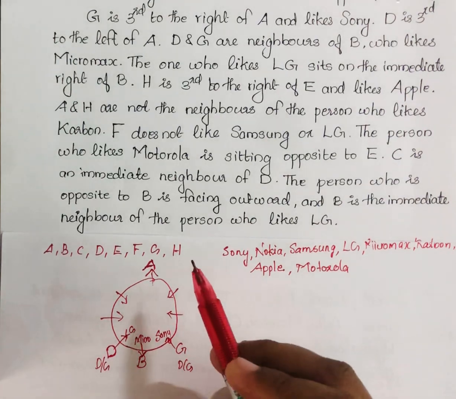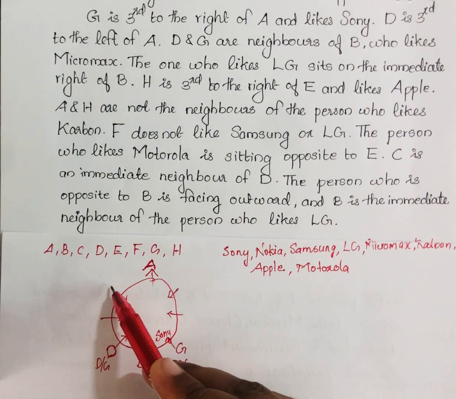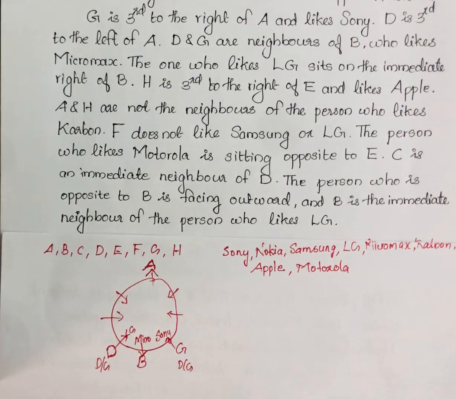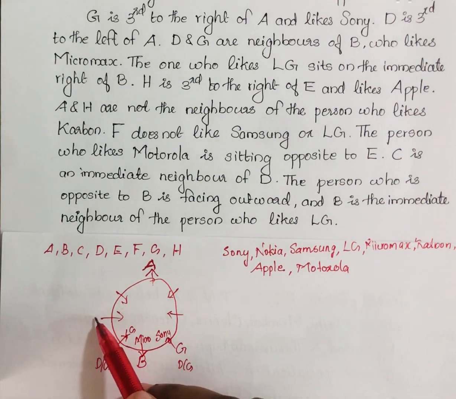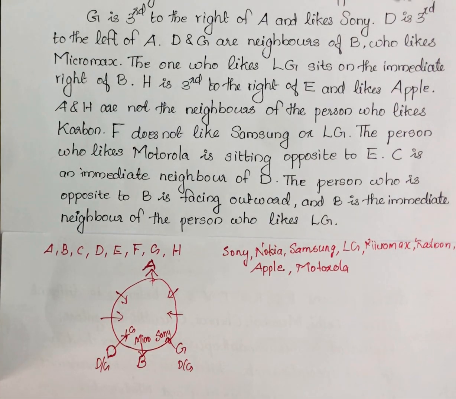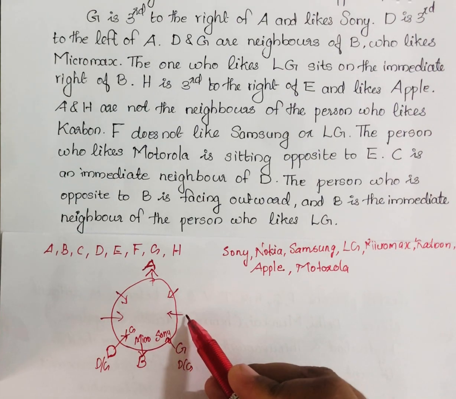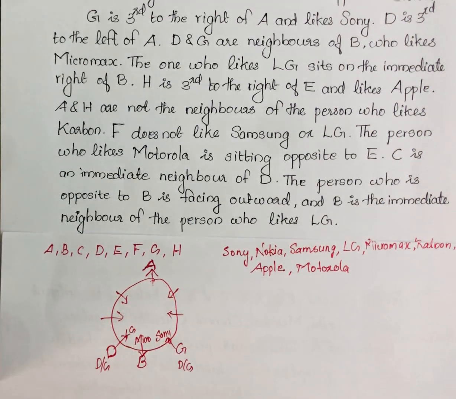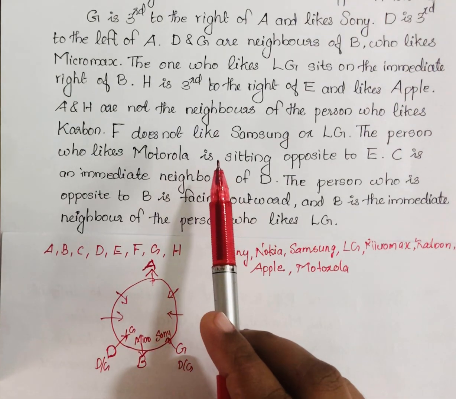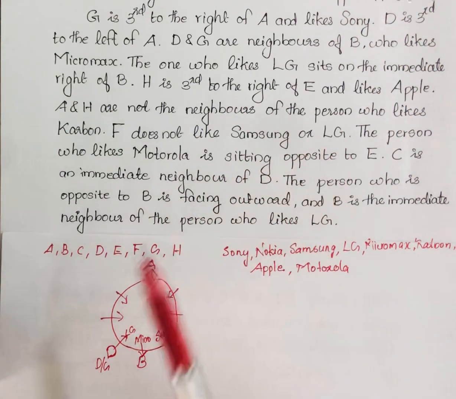H is third right of E means if we put E here 1, 2, 3, third right is not possible. If you put E here 1, 2, 3, it is also not possible. Then if you put E here 1, 2, 3, H can be there. If you put E here 1, 2, 3, H can be here also. Then H is sitting third to the right of E and likes apple.